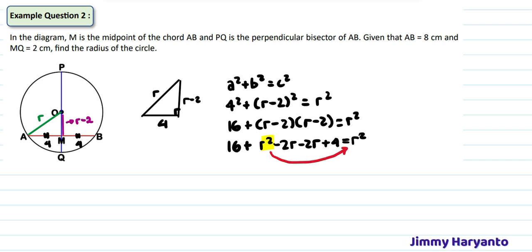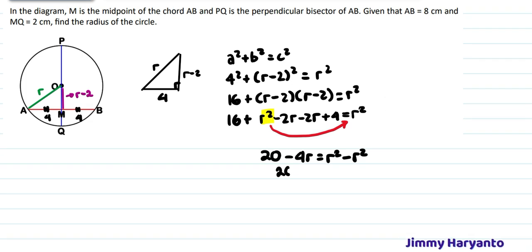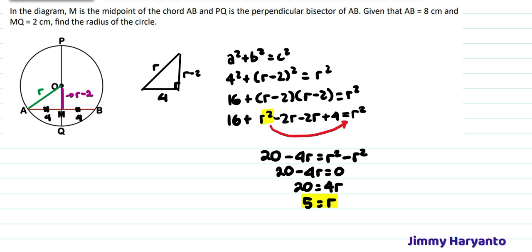So you'll have 16 plus 4 equals 20, and then negative 2R minus 2R equals negative 4R, and R square minus R square is 0. That means 20 minus 4R equals 0. And then I will move the 4R, it will become positive. The R is 20 divided by 4 equals 5. So this is the radius. The question only wants you to find the radius, so we already found it, which is 5.